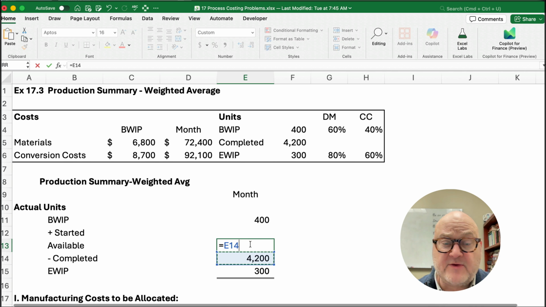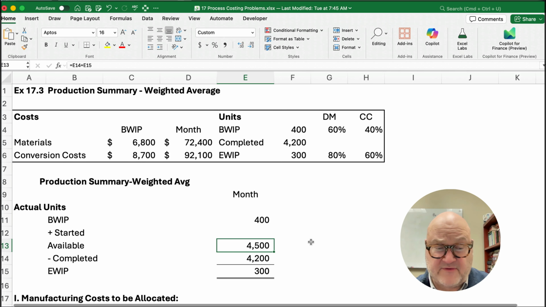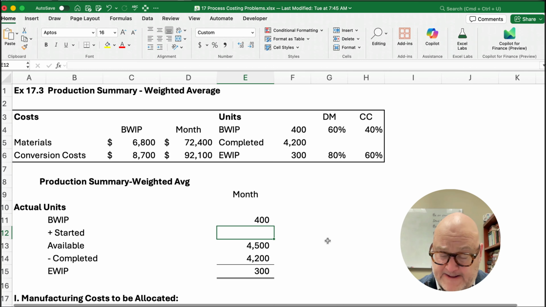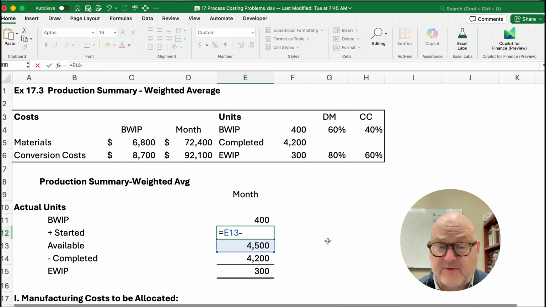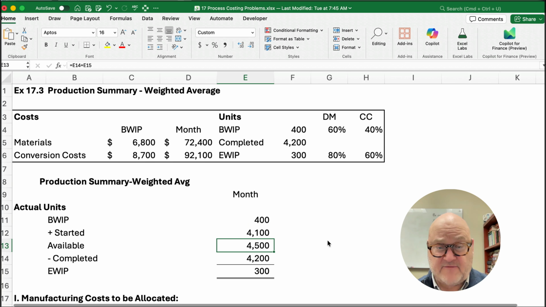If we had 4,200 finished plus 300 not finished, we must have had 4,500 that was available. Well, how many units did we start? Well, we had 4,500 and we already had beginning of 400. We must have started 4,100. So we have backed in to find our units started.